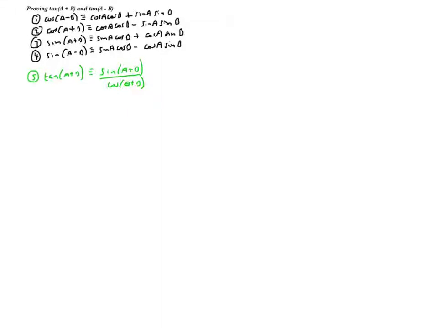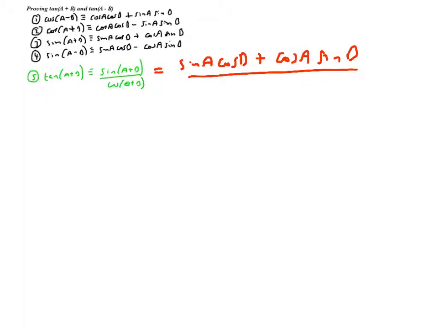So I can say that tan(A + B) equals, well, sin(A + B) is sin A cos B plus cos A sin B, all over cos A cos B minus sin A sin B.